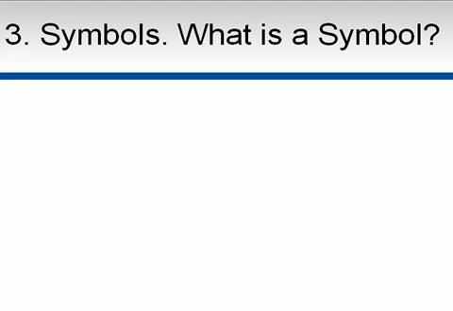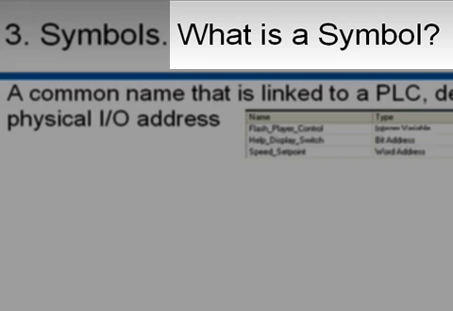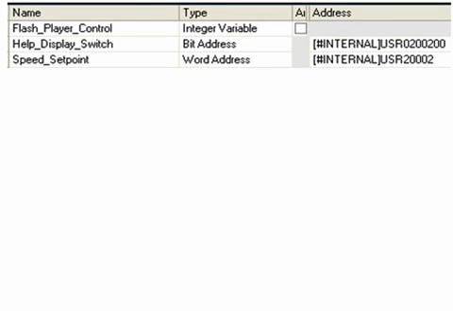Now that we've defined the participating nodes for the network project, we need to get some tags or symbols into the project. So what is a symbol? A symbol is just a name given to a PLC device or an internal address. In GPPro EX, you can actually use PLC addresses directly within objects.